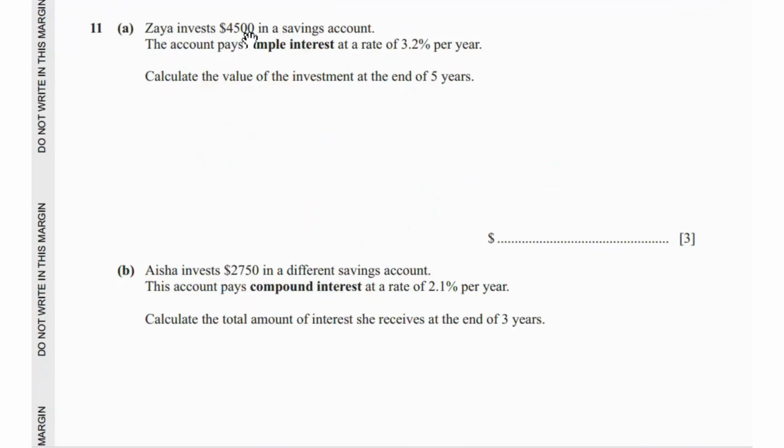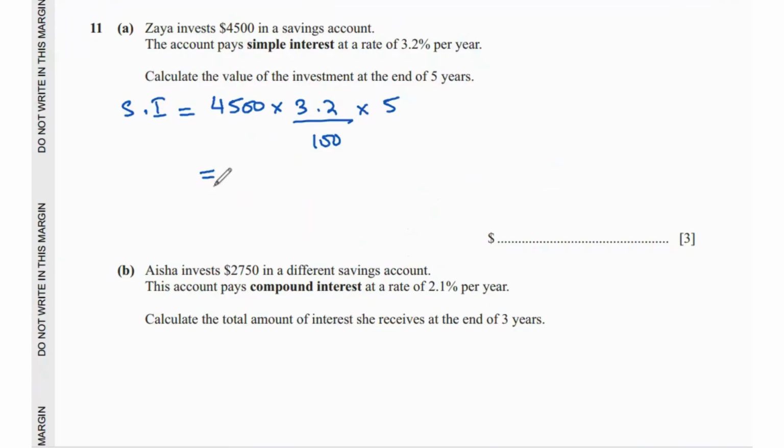Then it says Zaya invests $4,500 in a savings account. The account pays simple interest at a rate of 3.2% per year. Calculate the value of the investment at the end of 5 years. So simple interest is going to be 4,500 times the rate of interest, 3.2 over 100, times the time period, which is 5 years.